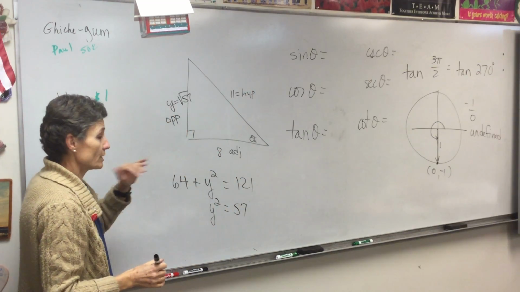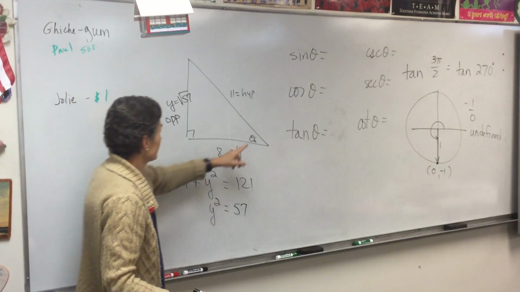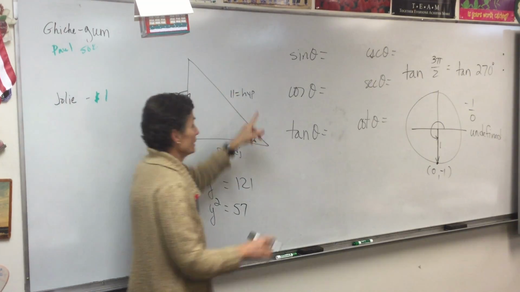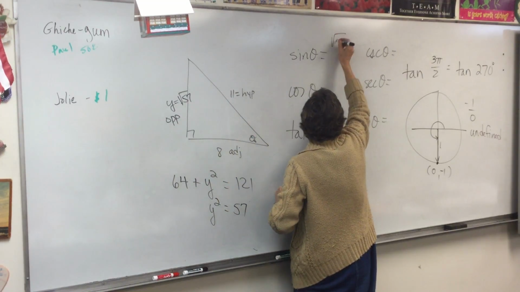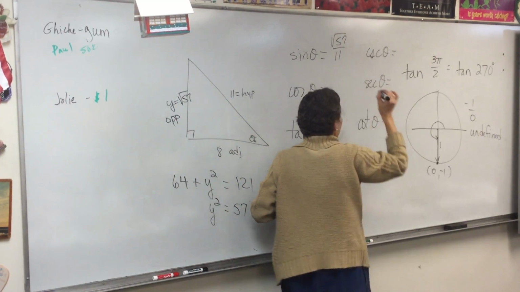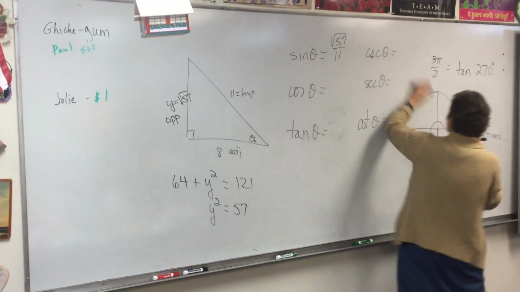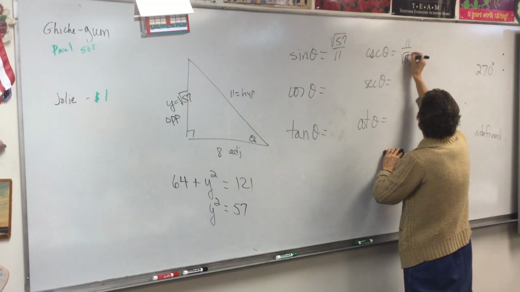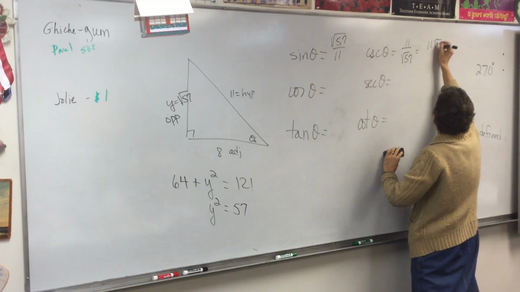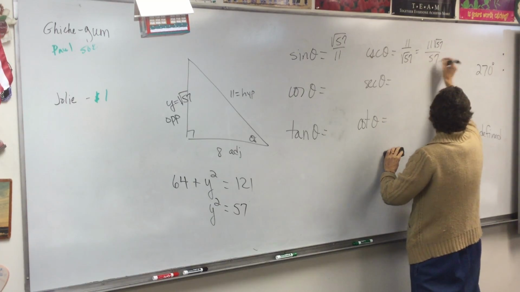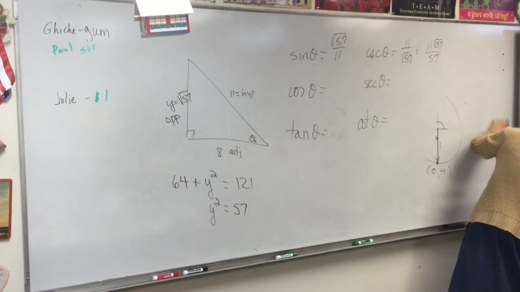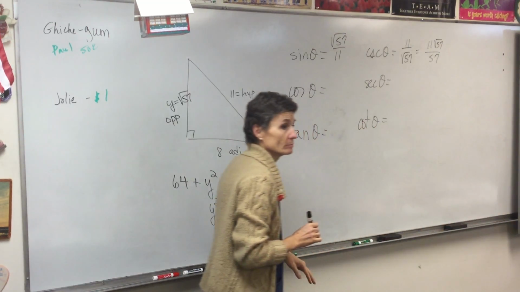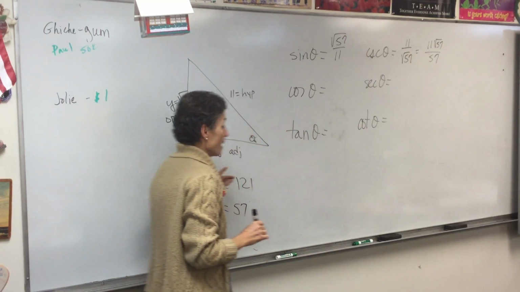So SOH CAH TOA, sine is root 57 over 11, which automatically means cosecant is going to be 11 over root 57, or 11 root 57 over 57 when you rationalize it. Cosine.